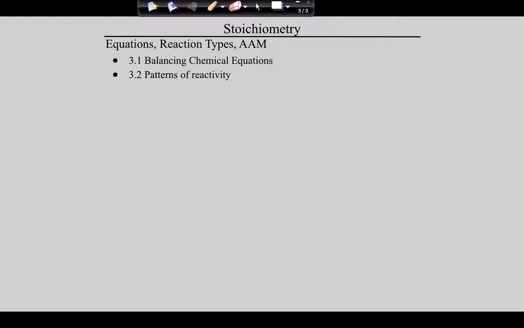Synthesis. One of the things you're going to find is that in the AP context, there are different words that we can use to refer to things that we've already learned. Like combination, which our AP book calls synthesis. Still decomposition, but they use combination instead of synthesis. We just need to learn to be flexible. So when it says patterns of reactivity, what we're talking about here is reaction types.